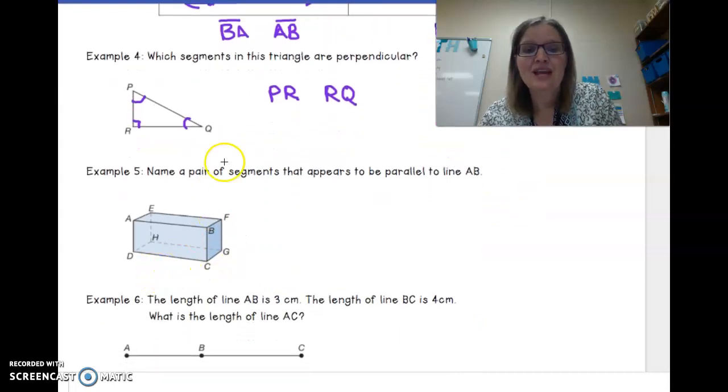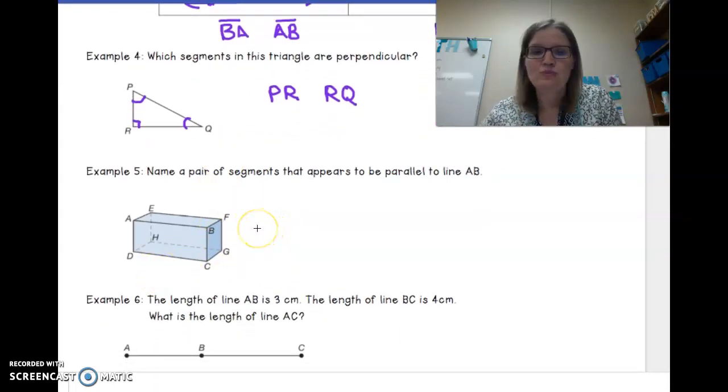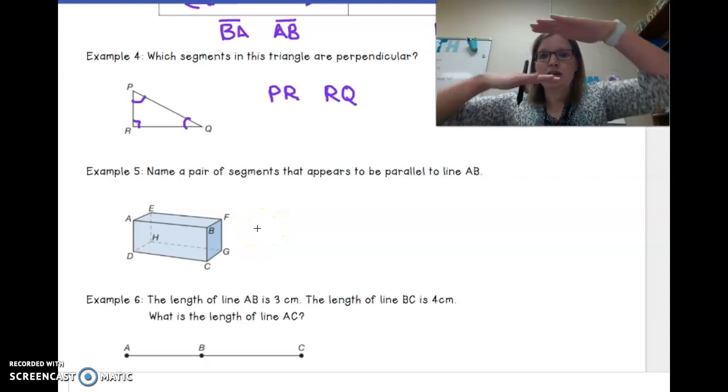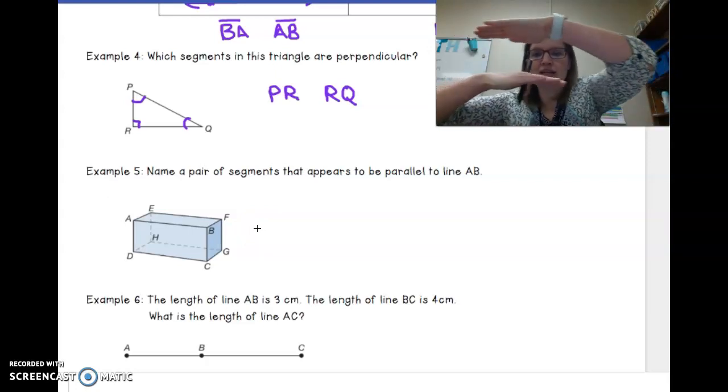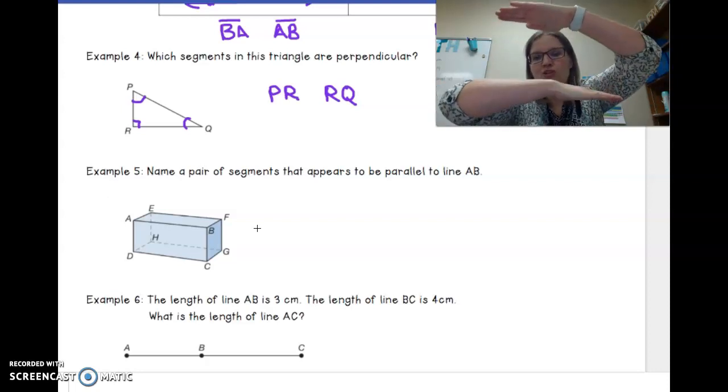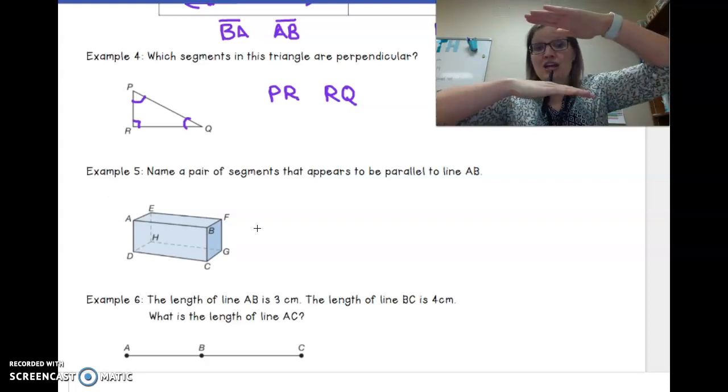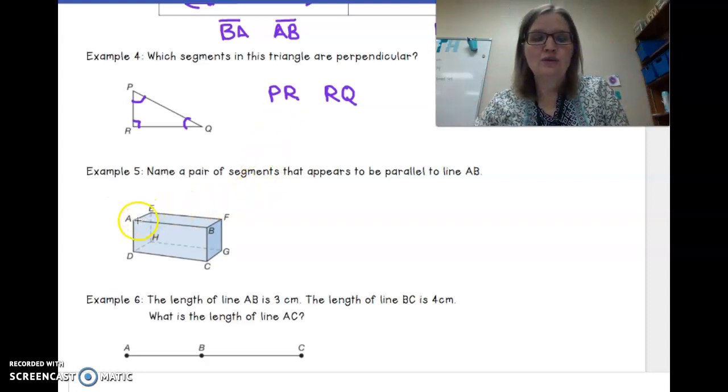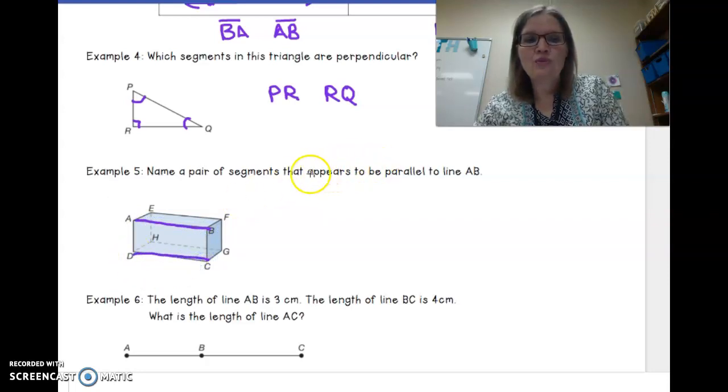Next part: name the pair of segments that appear to be parallel to line AB. Parallel means that it's exactly the same distance between 2 lines. They never intersect. So we see that we've got some lines going like this, and some parallel lines going here. This is the AB. I can see right now that DC is parallel, or we can say CD.